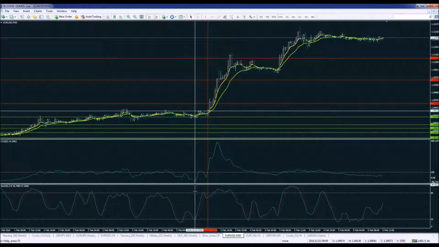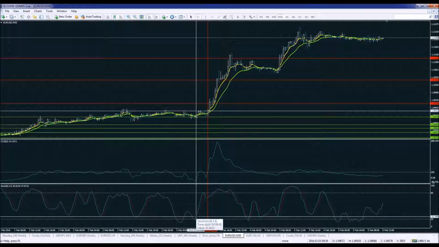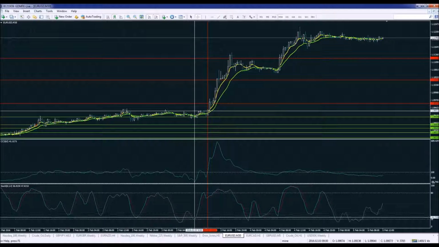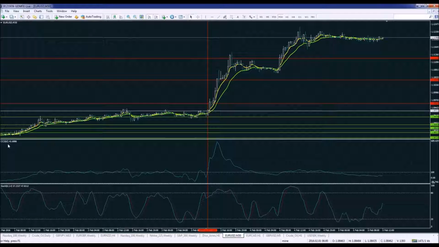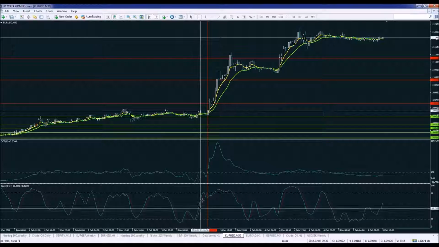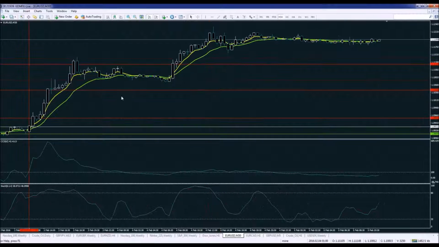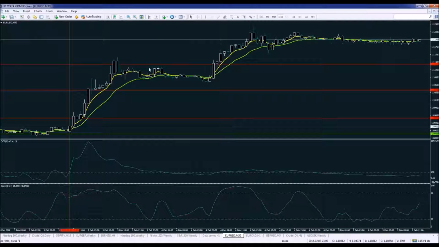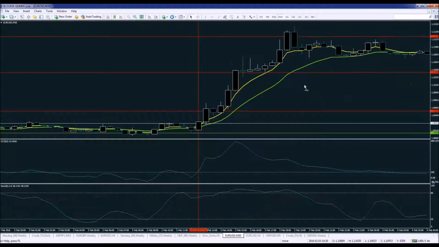A little bit of heads up we're getting because the stochastic is a little bit faster than the relative strength index. That's why we're choosing another one instead of it. It is also a little bit faster than the commodity channel index, so it's giving us an early signal for an upside movement. And yet again, what we're taking here as a consideration is the crossover of the moving averages.